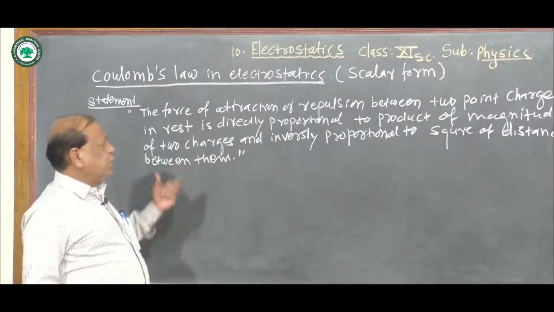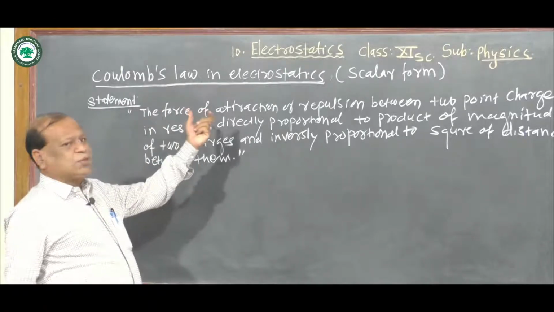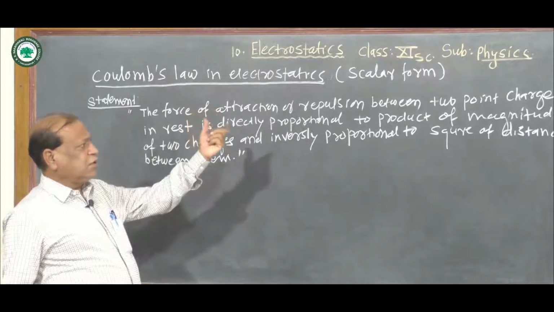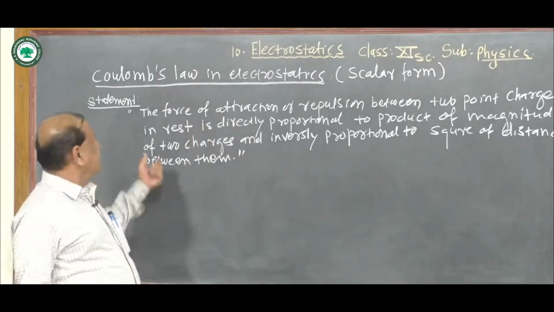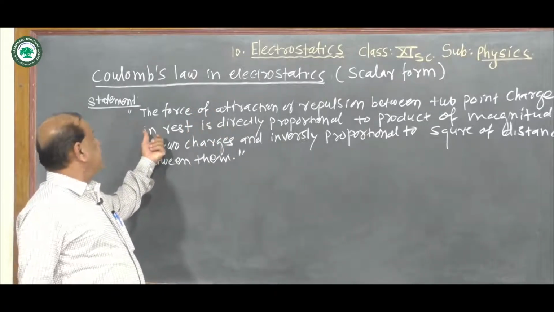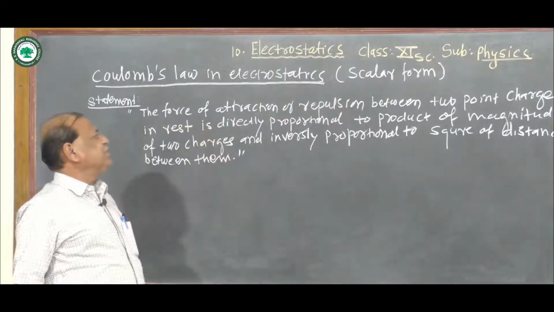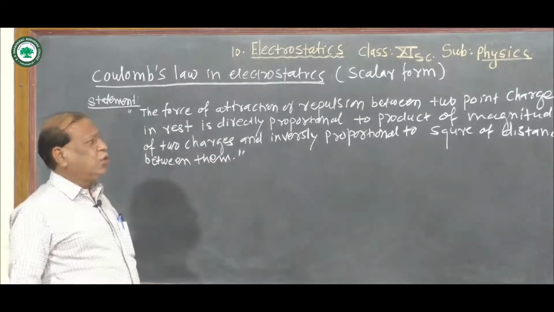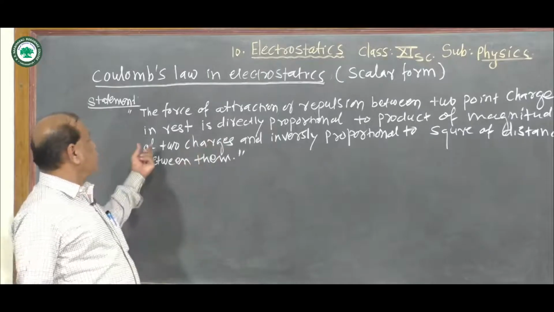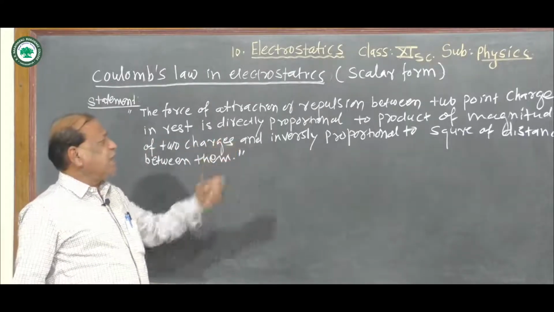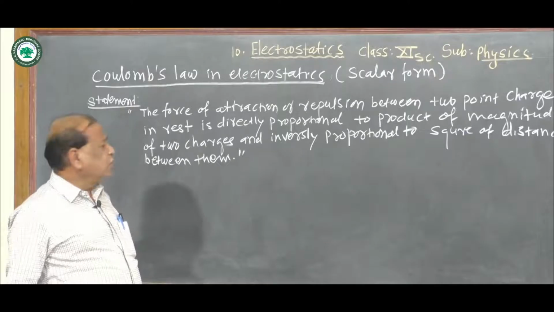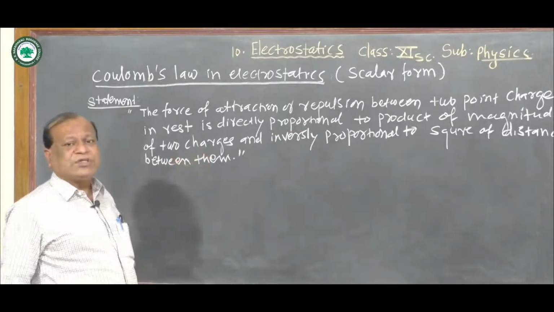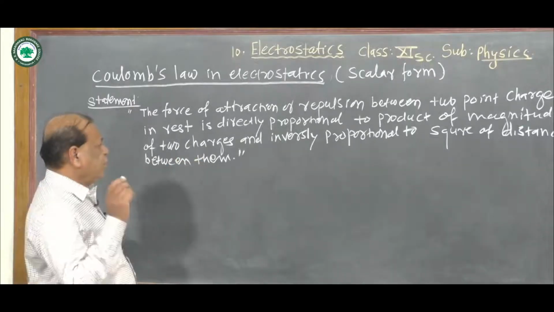Now here we repeat again. The force of attraction or repulsion between two charges at rest is directly proportional to the product of the magnitudes of the two charges and inversely proportional to the square of the distance between them.